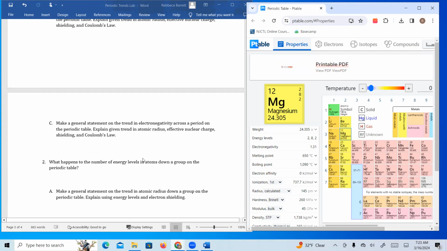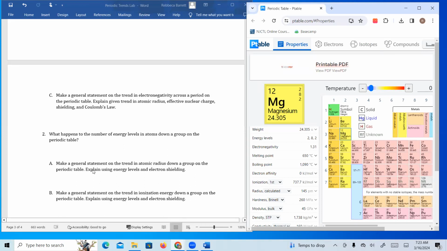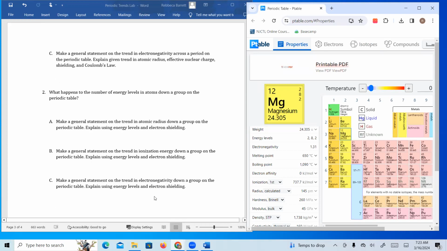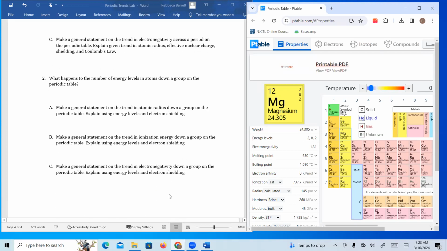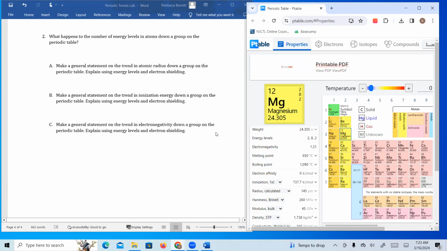Okay. Then we're going to look at the same thing going down a group, what happens to the energy levels, and then make a general statement on the atomic radius, ionization energy, and electronegativity. Okay. And that is it.